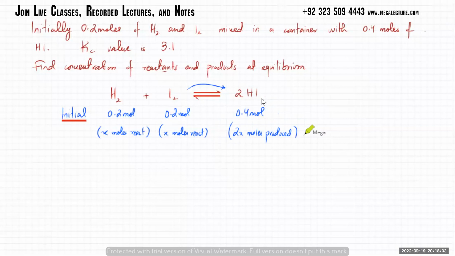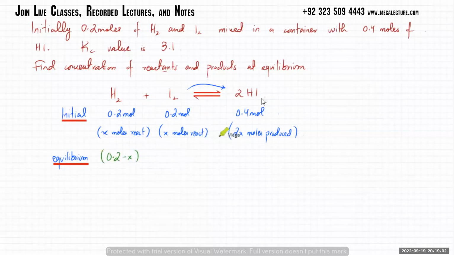So what are your equilibrium moles now, based on what you just did in terms of X? You started off with 0.2 moles and X moles have reacted. So you're left with 0.2 minus X. Is that clear, that X moles went away?